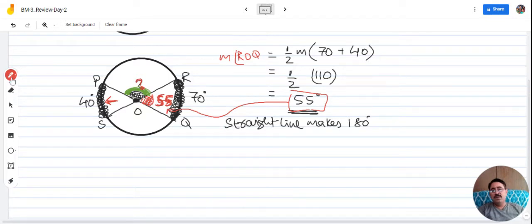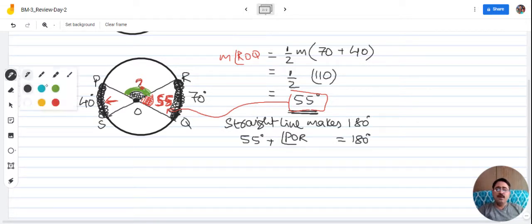Therefore, it's going to be 55 degrees plus angle POR, that is this angle, equals 180 degrees. Here we adopt a simple algebra.